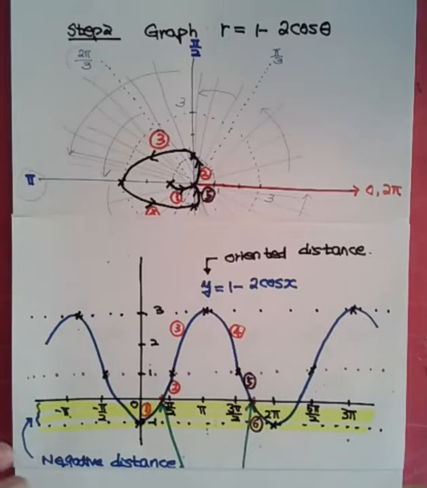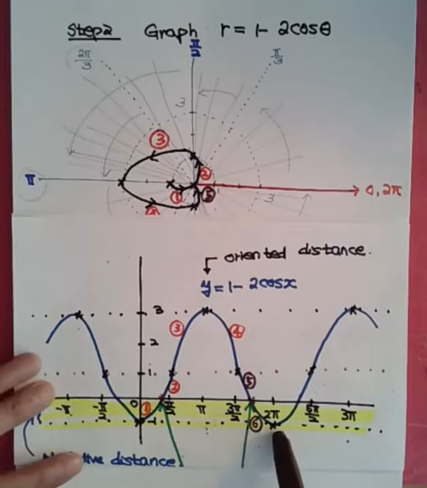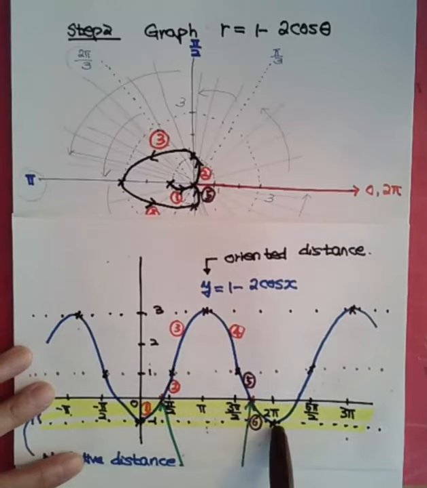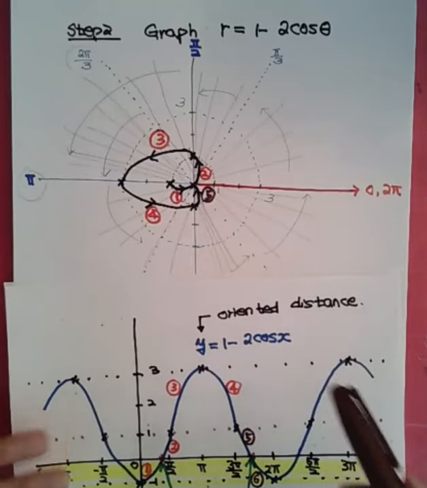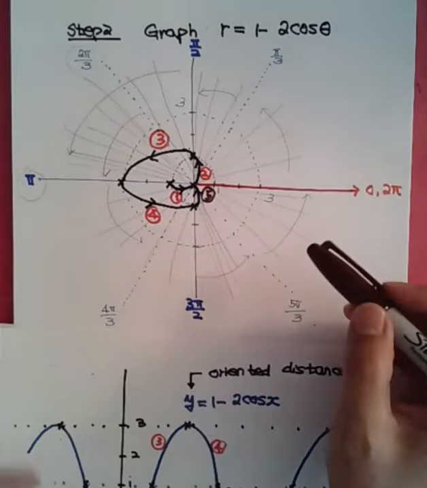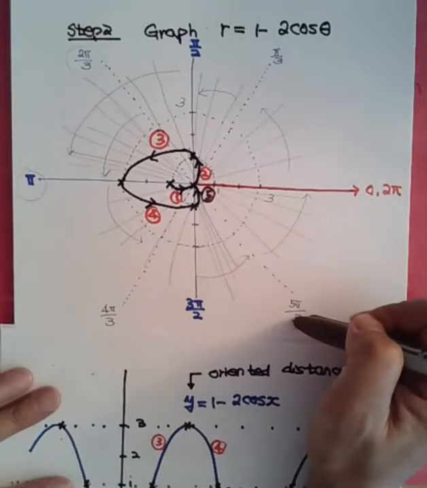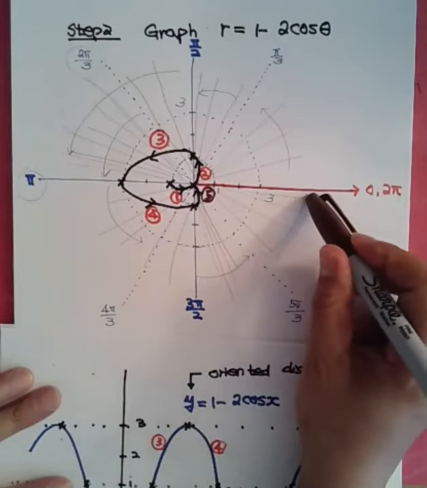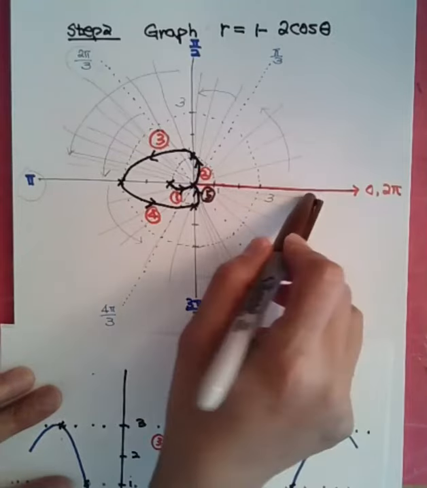Between the angle 5 pi over 3 and 2 pi, function values are negative. So instead of varying the angle between 5 pi over 3 and 2 pi, we have to go the other direction.